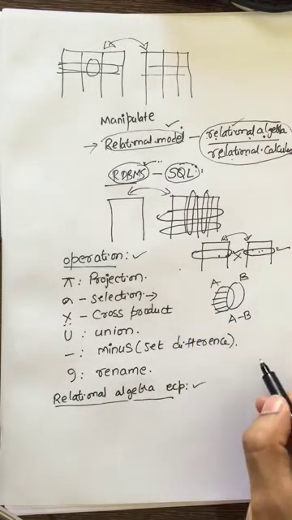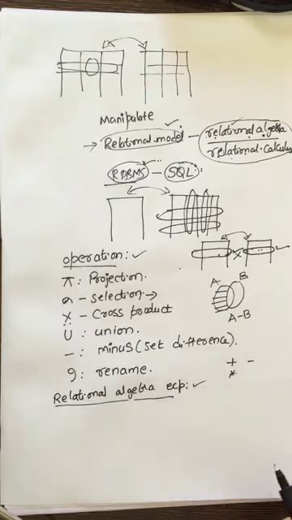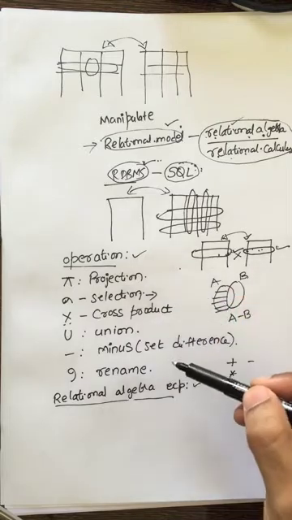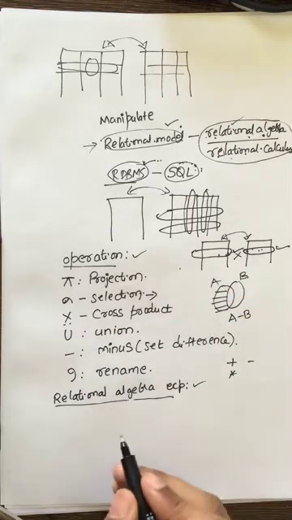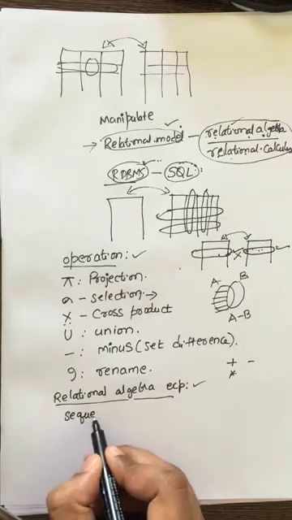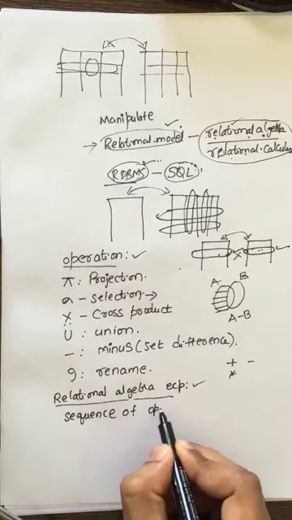Just like in mathematics we have plus, minus, star, and we get expressions from them, similarly we have operations, and from these operations we can form expressions. We can consider an expression as a sequence of operations, right?